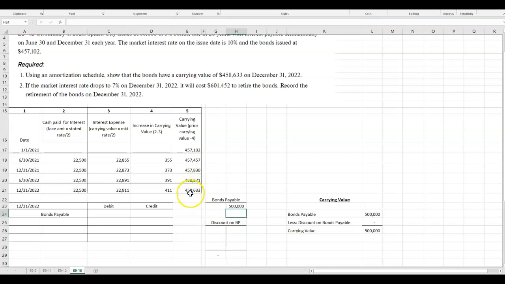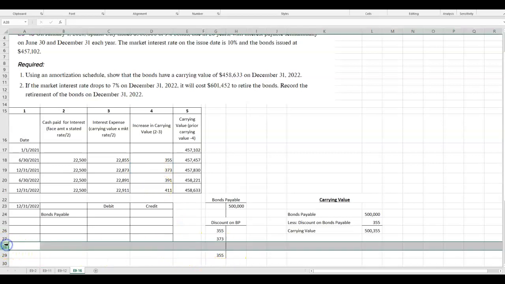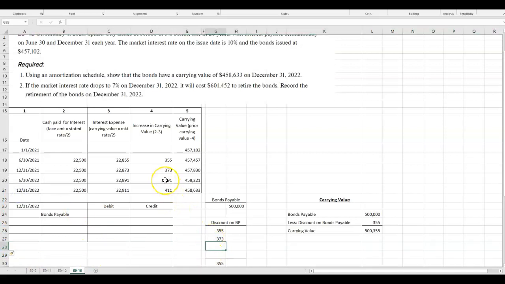Well, we know that our carrying value was $458. So the difference that we had in there was all of these things. Well, let's put them in separately so you can see that. I'm going to have to add a row. So 391 and 411.